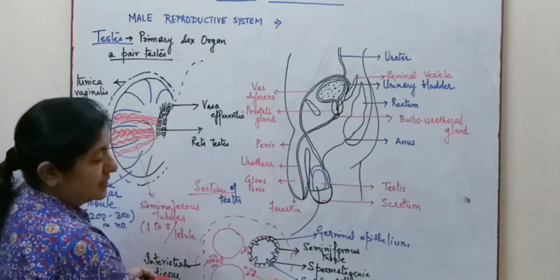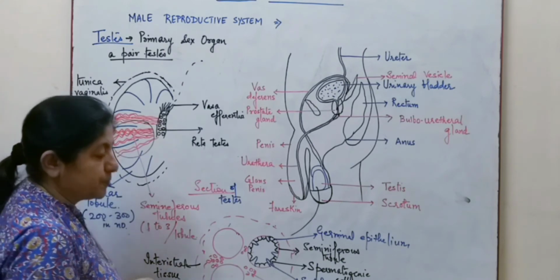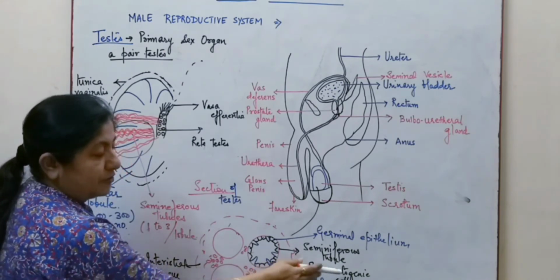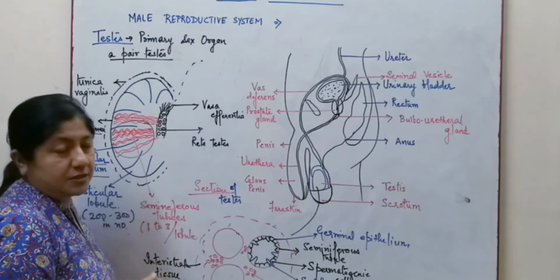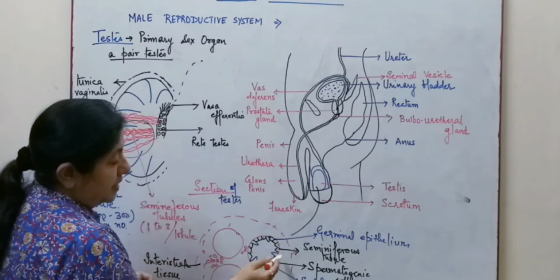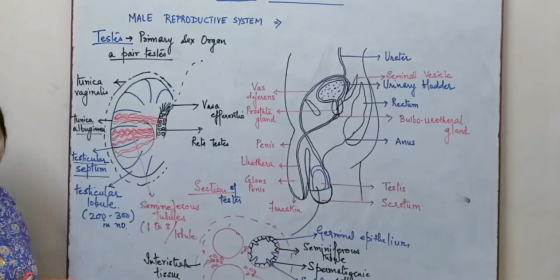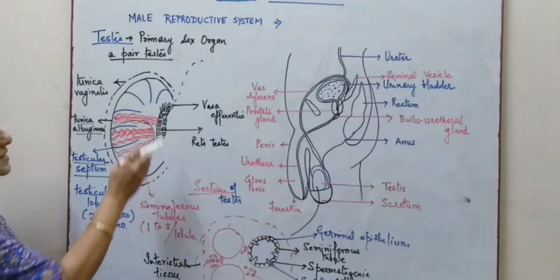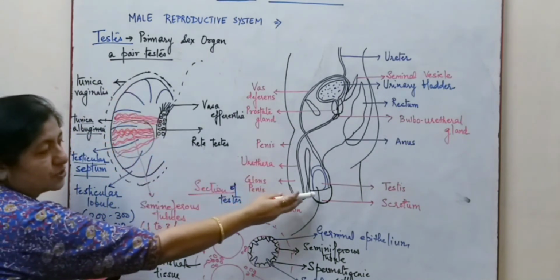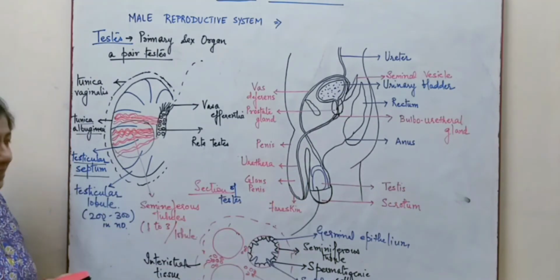The Sertoli cells provide nourishment and shape to the developing spermatozoa. The spermatogenic cells form the sperms, and also other immune cells are present which prevent any kind of infection. So this structure is the outer structure which tells about the location of the testis.